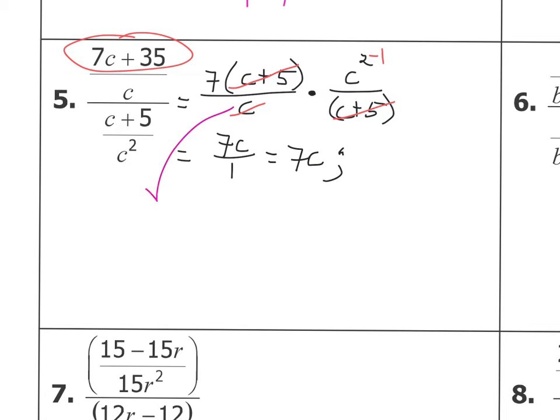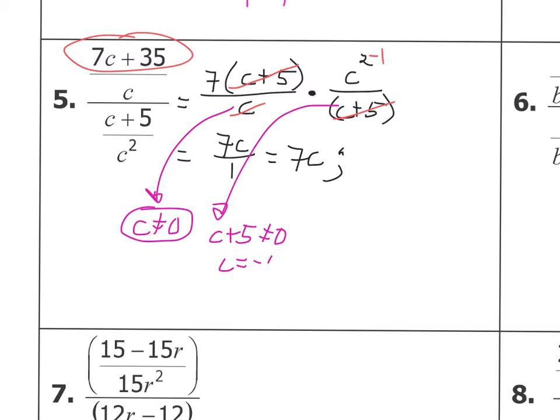So this one, even though we canceled it, you have to set it not equal to 0, so there's one restriction. And then this one, c plus 5 cannot equal 0, so subtract 5, c is equal to -5. So we have 2 restrictions, c cannot equal 0 or -5.